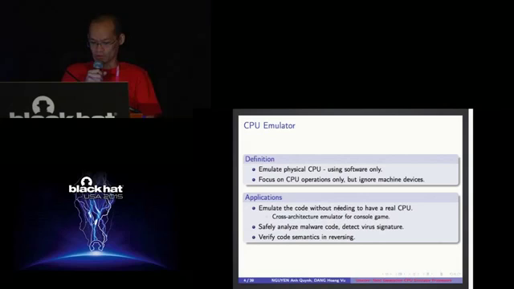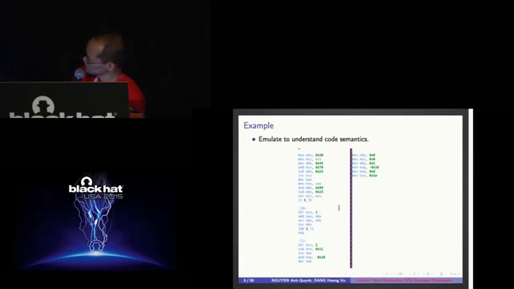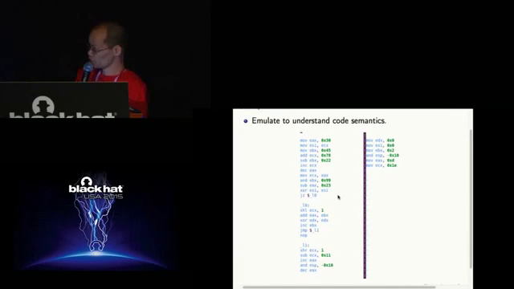And you can also use a CPU emulator to verify the code semantics when you reverse the code. Here's one example. Can you see that? Okay, zoom in. We see that there are two pieces of code, left side and right side. Actually, these two codes do exactly the same thing, but the code on the right side is much simpler and easy to understand.